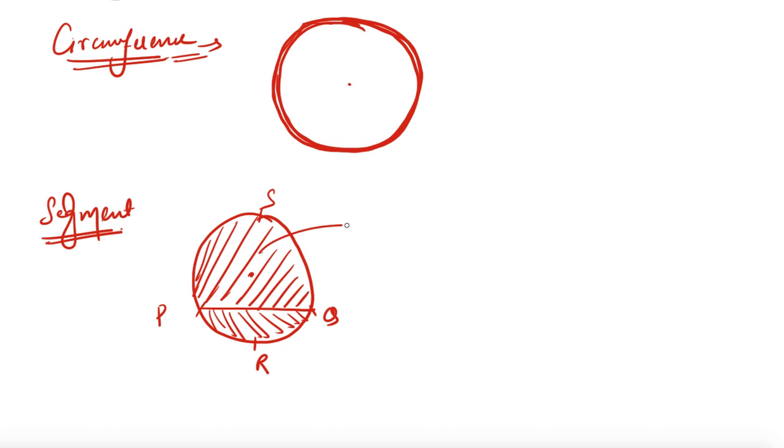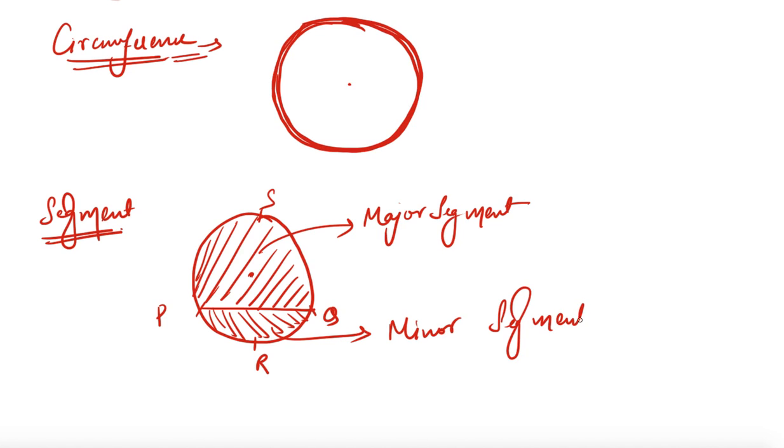Both these parts are basically the segments of a circle. This being bigger in area is known as the major segment. This being smaller in area is known as the minor segment. Because this is the major arc, this is the major segment, this is the minor arc, this is the minor segment of the given circle.